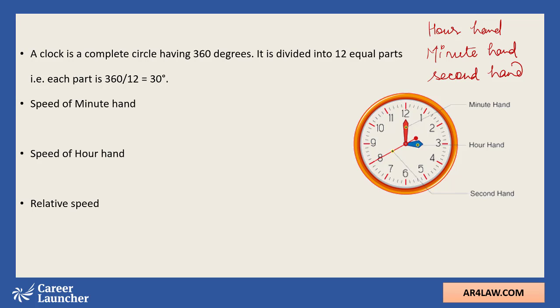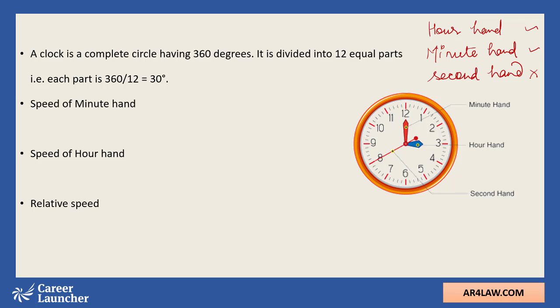When we talk about clocks in respect of our exams, most of the work is related to the hour hand and minute hand. The second hand is actually not required. So we would be only talking about two particular hands here, the hour hand and the minute hand.